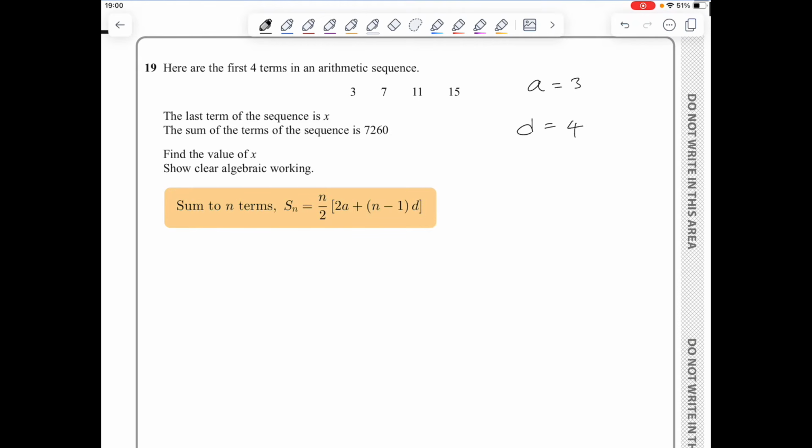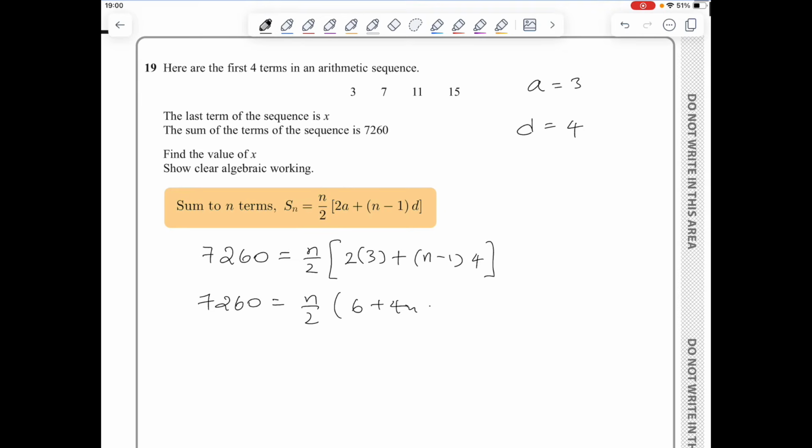Let's substitute in the values. 7,260 equals n over 2, 2 times 3 plus n minus 1 times 4. Let's simplify. 7,260 equals n over 2, 6 plus 4n minus 4. 7,260 equals n over 2, 4n plus 2.